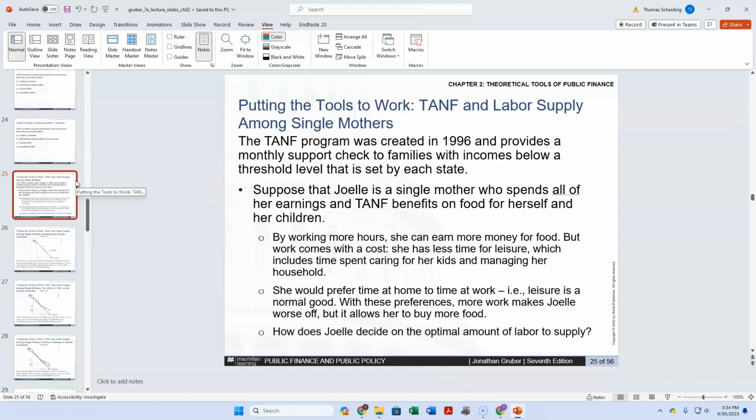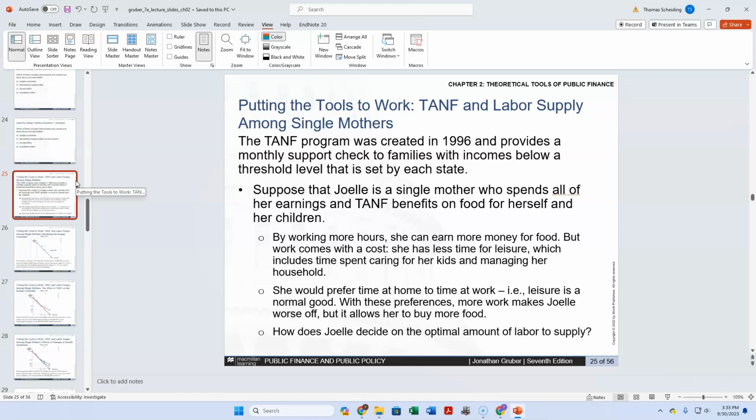So Joelle, a single mother, spends all of her money and her TANF benefits on food for her and her children. Now, here's the problem, right? If she works more, then she'll earn more money. But if she works more, it's going to do two things.